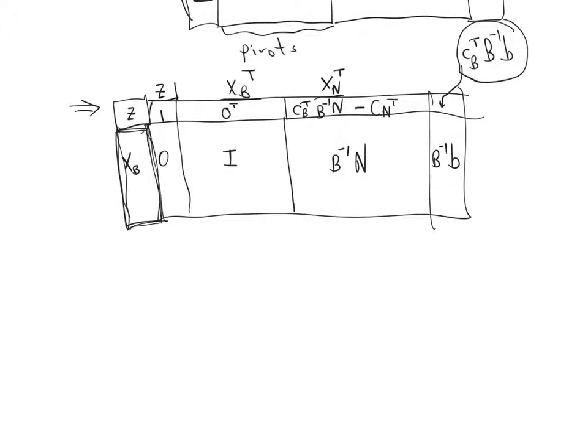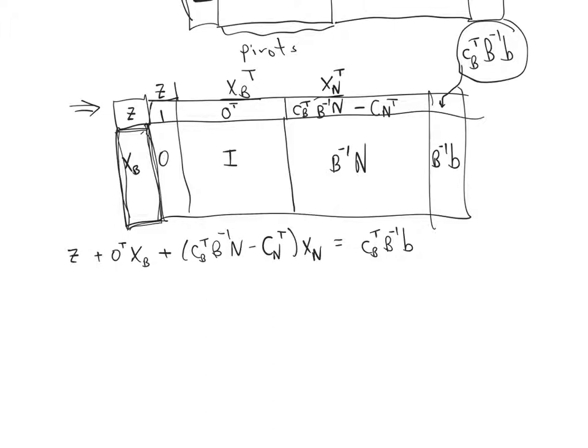So however you want to look at it, this says that 1 times Z plus 0 transpose times the XB's plus CB transpose B inverse N minus CN transpose, that whole mess, times the XN is equal to CB transpose B inverse b.